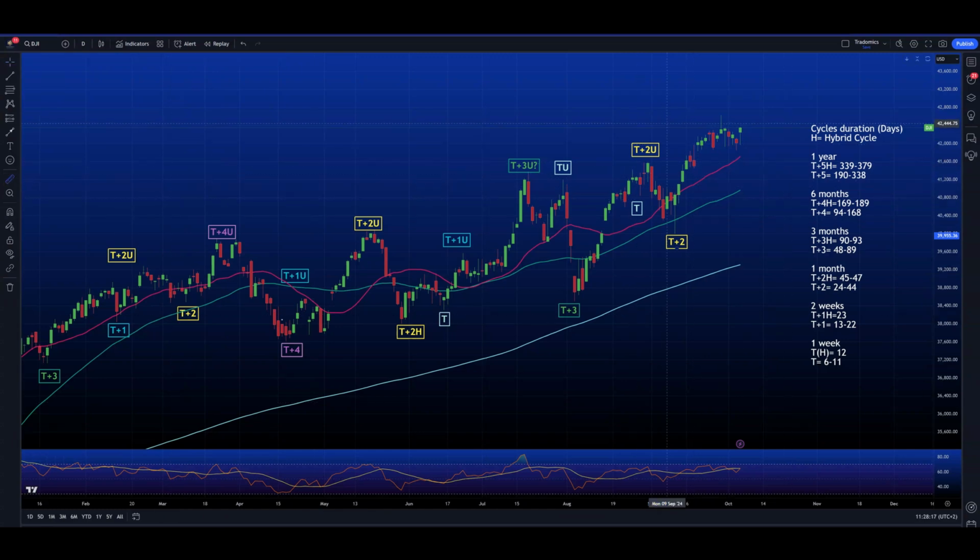Now, regarding the upward cycles, here we had a similar situation as for the Standard & Poor's. So we had 20 bars. From this top here, we can put a T+1, but we don't have enough time for a T+2.